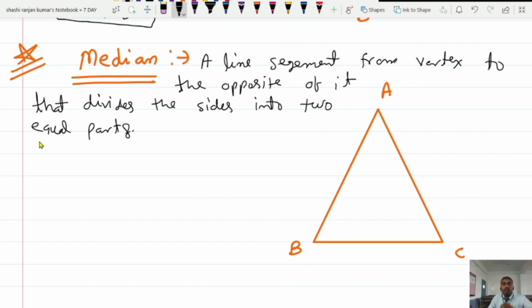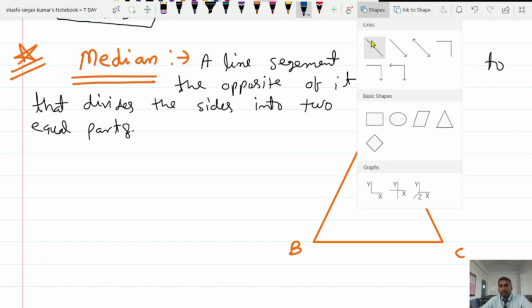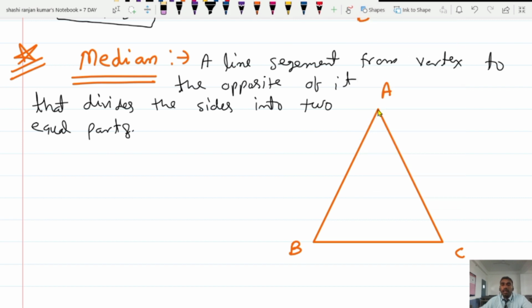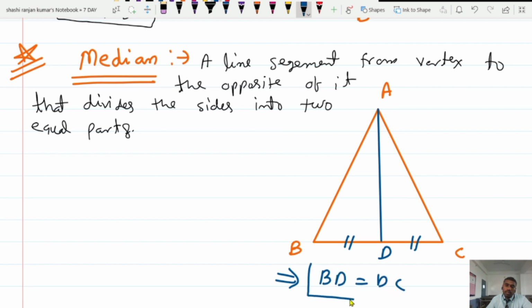That is known as the median. If I take a line from point A dividing BC into two equal parts, let us suppose this is the point D, such that BD is equal to DC. If these two lengths are the same, this is known as the median. This is one of the medians of this triangle.